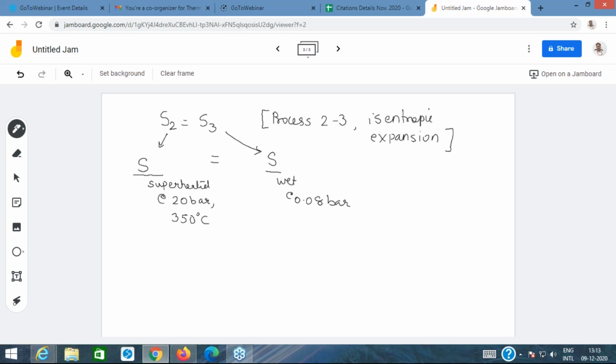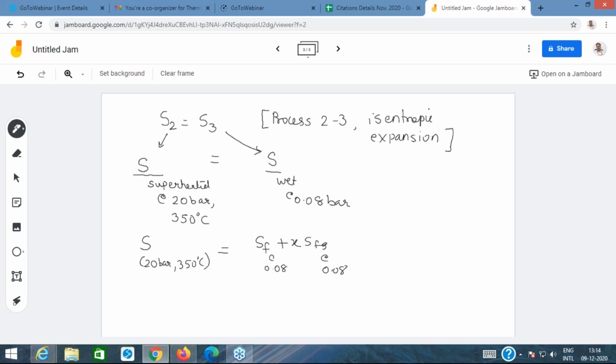Okay, so let me rewrite this equation. This is S superheated. From the steam tables, we need to find the value at 20 bar 350 degrees centigrade, which is equal to Sf plus x times Sfg at 0.08 bar.